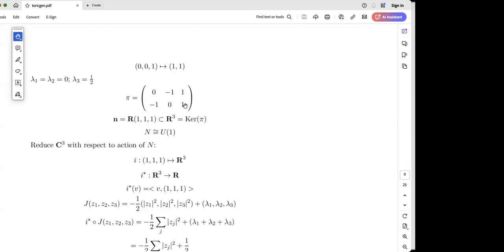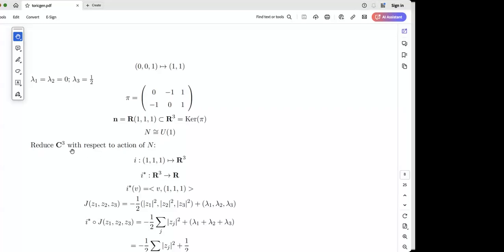That is similar to the matrix that appeared in Tony's lecture when he did this similar example. So script n is the real numbers times (1, 1, 1). This sits inside R^3. Big N is isomorphic to U(1).